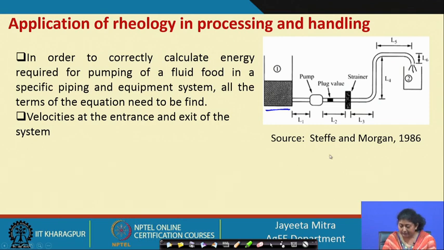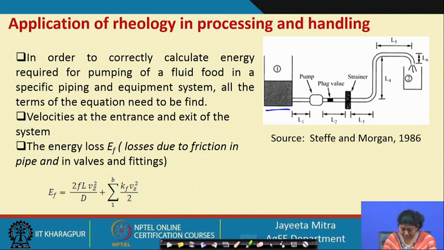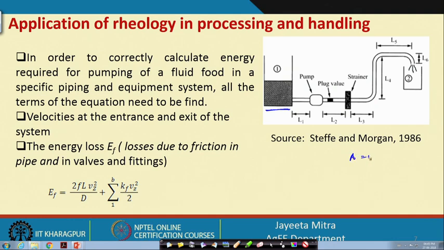So, the pipe area A, that is pi d square by 4, into velocity, will give you the volumetric flow rate. So, if you know the volumetric flow rate and d, we can get the velocity, right.